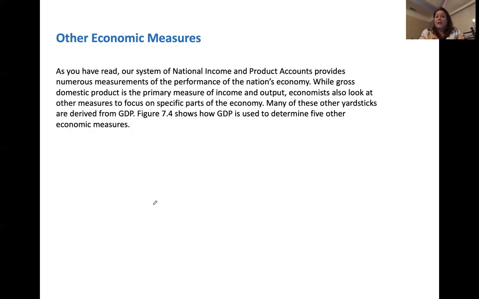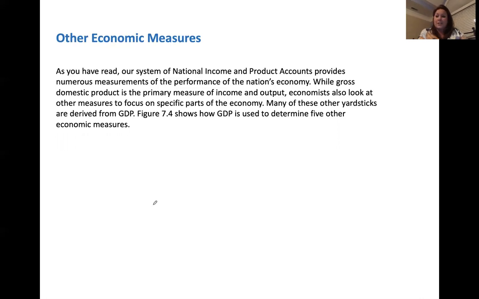So as you've read, we've got national income and product accounts. There are so many different measurements to help us judge the performance of our nation's economy. And again, when you look at it all as a whole and you look at each one, it helps give a bigger picture of how the economy is doing.